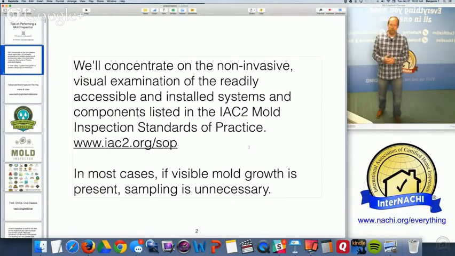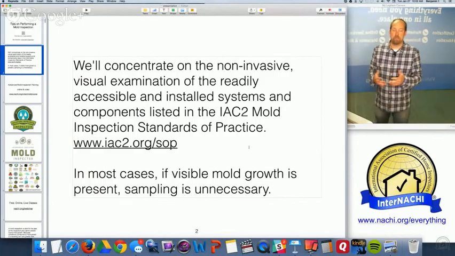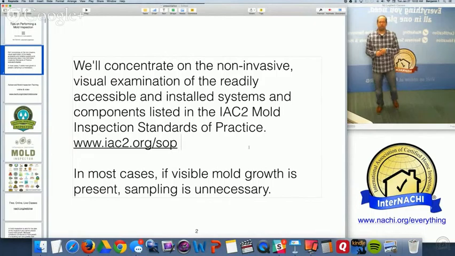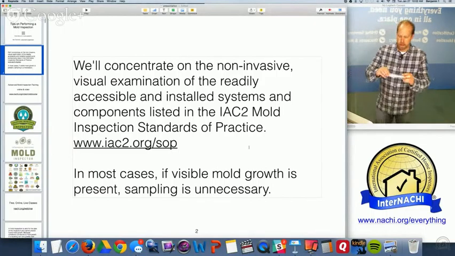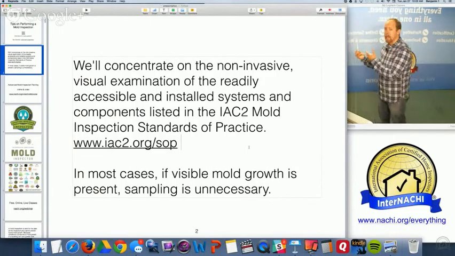So, a tip on performing a mold inspection is that sampling, anybody could sample. Sampling is easy. You get one of these things. As a home inspector, I actually carry a swab. If I see something, I turn around to my client.